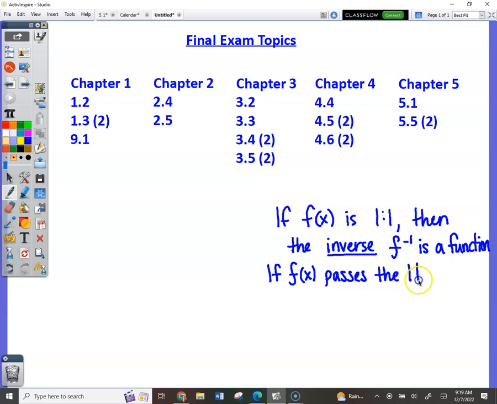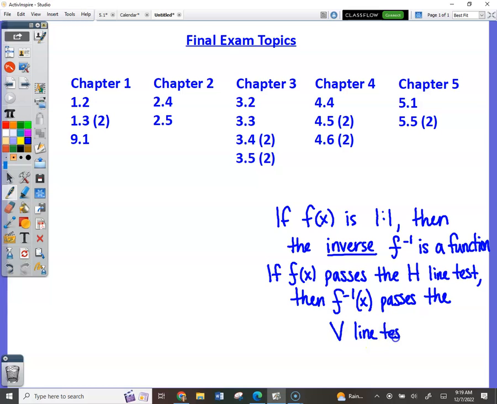If f of x passes the H line test, horizontal, then its inverse passes the V line test. So if the original function passes the horizontal line test, then should you graph the original function's inverse, it will pass the vertical line test.